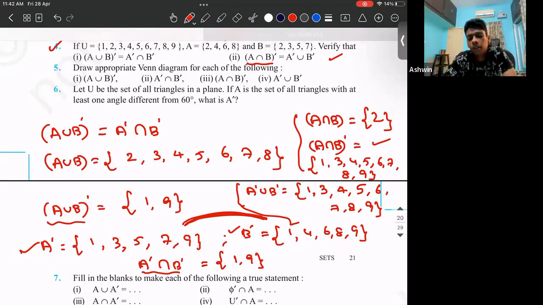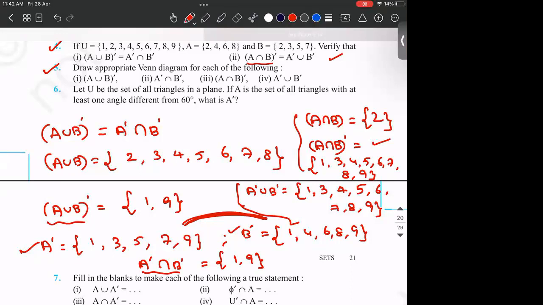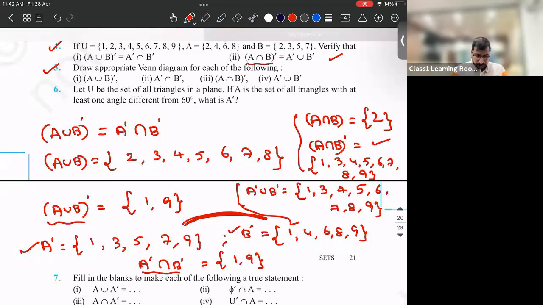Okay. Next. For the fifth one, I want you all to work individually. Draw the Venn diagram and show it on the screen. Even if it is wrong, it is fine.